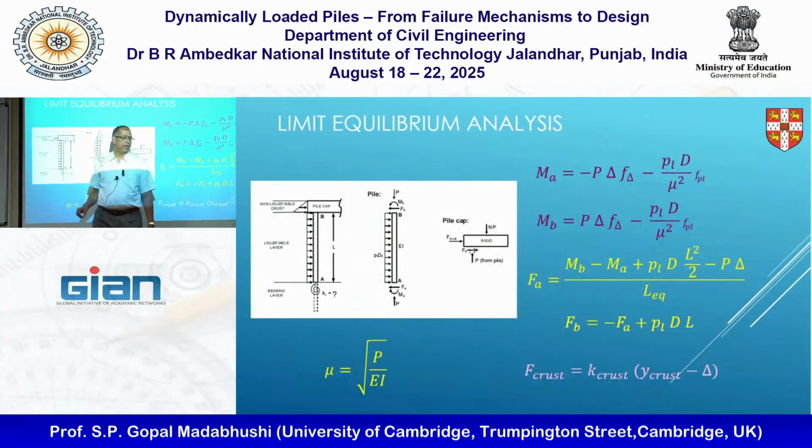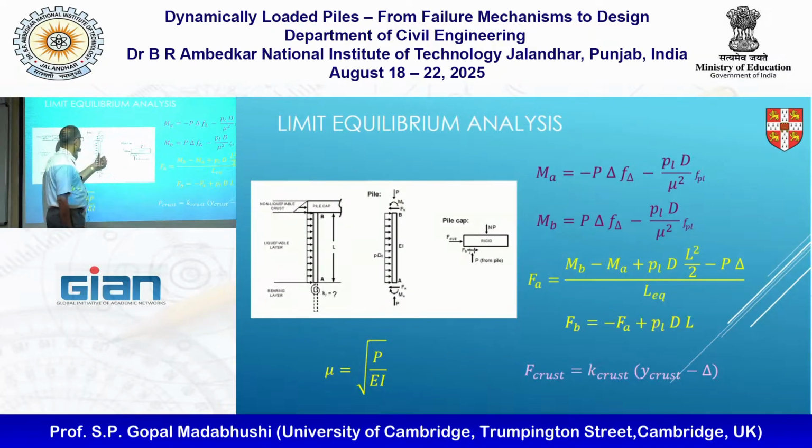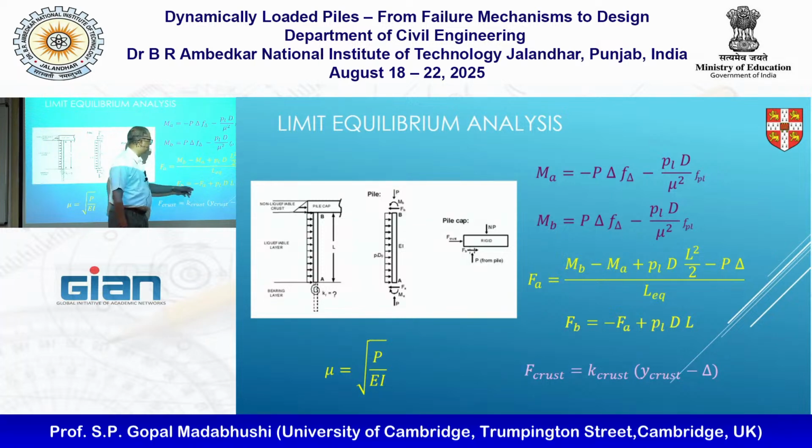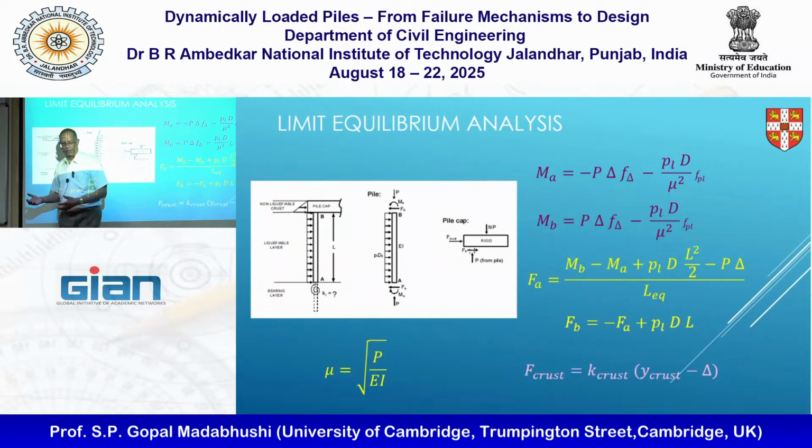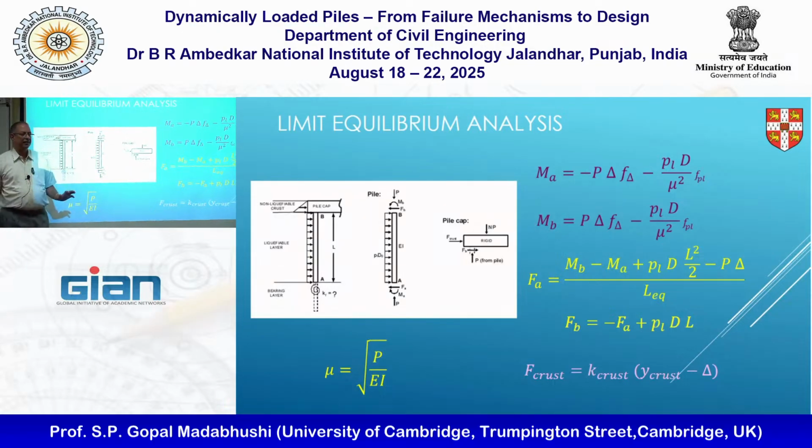So that's what we are calling L_EQ. Okay, FB will be minus FA because it's opposing that movement. This is the moment equilibrium, this is the horizontal force equilibrium. So there you go.